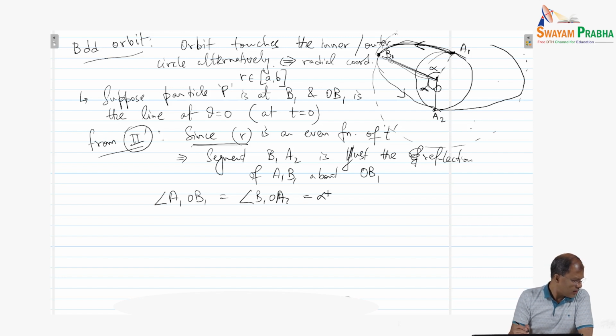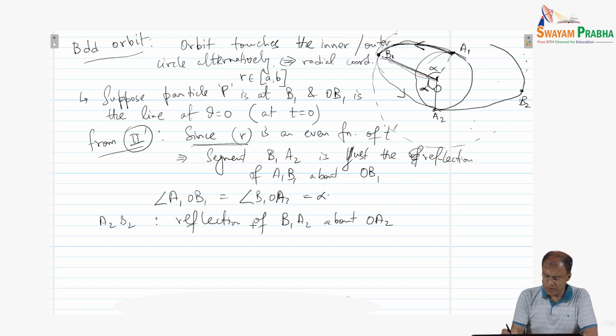And similarly, we expect that there is a similar form of motion. Here the third point is B2, where it touches the larger circle. So A2 B2 is just the reflection of A1 B2 about the line OA2.